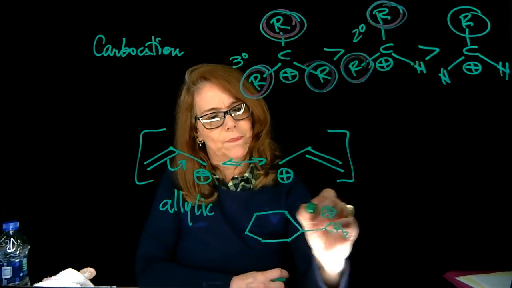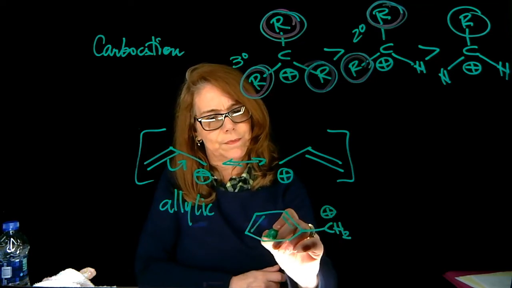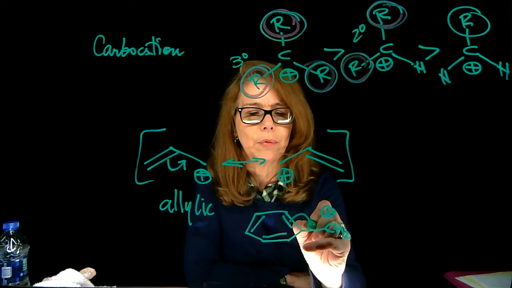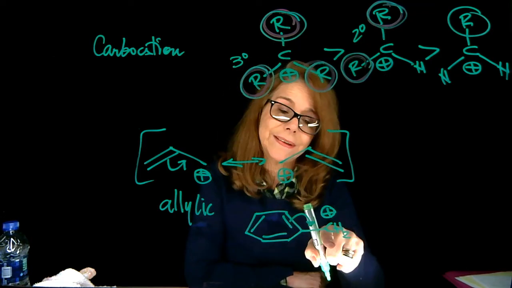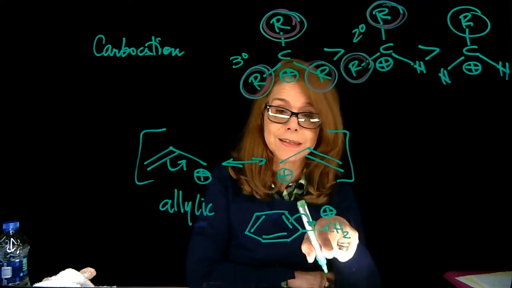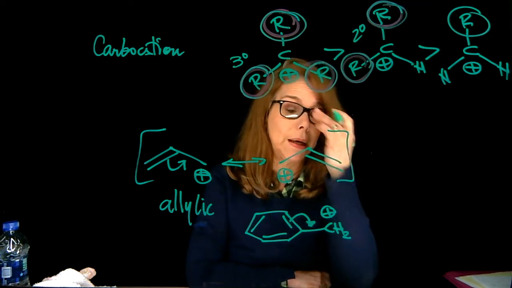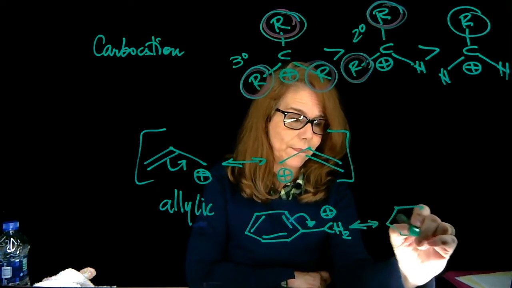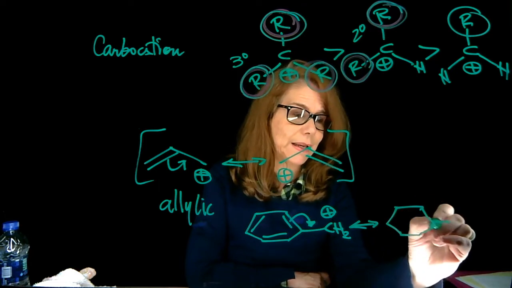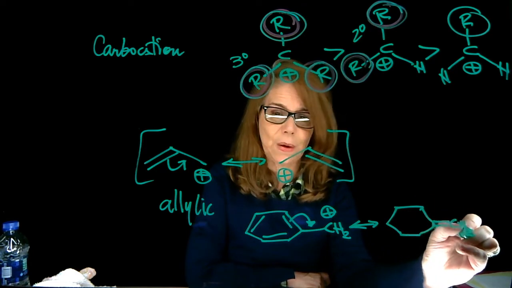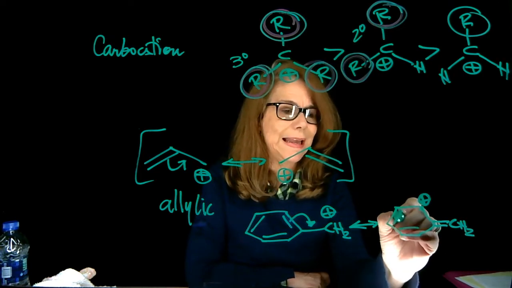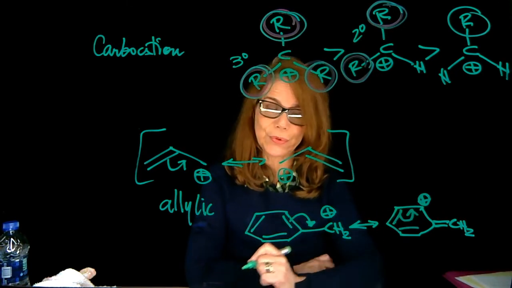Another example that we want to keep in mind is the benzyl carbocation. So this structure, the benzylic carbocation, we can stabilize by resonance. Notice again, this is a primary carbocation, but because we can do resonance, now the carbocation is stabilized. And now I'm creating a positive charge here, and I can continue doing resonance.